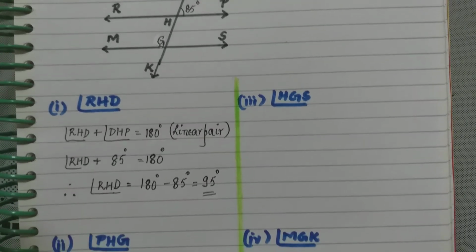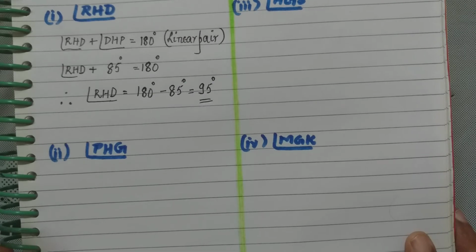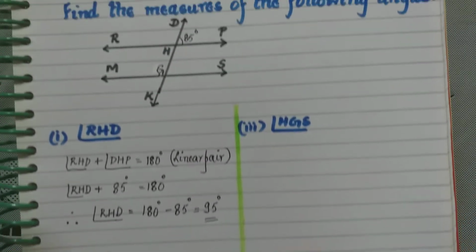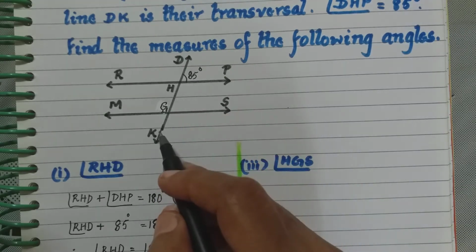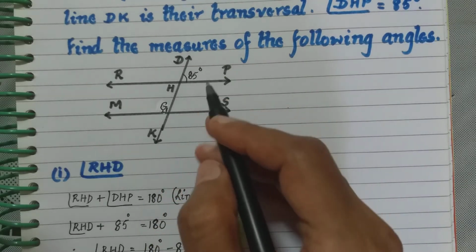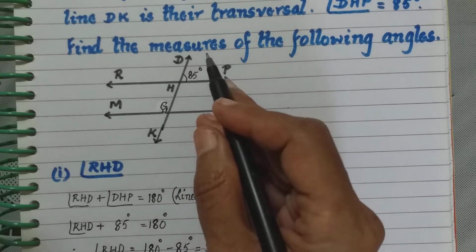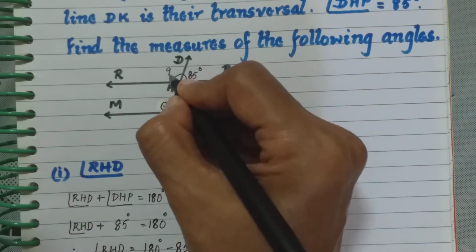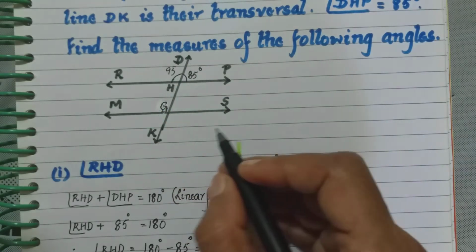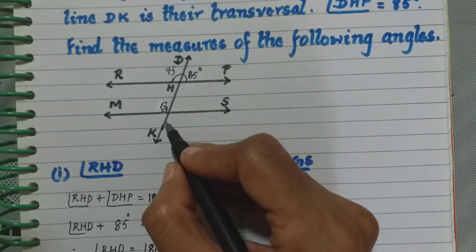Going to the next angle, angle PHG. Now see the second sub question which we have to find, angle PHG. Just now we found angle RHD to be 95 degrees. Now we have to find angle PHG.